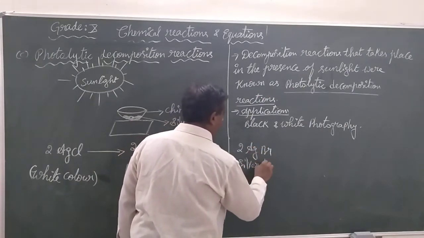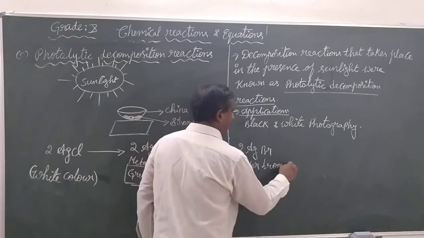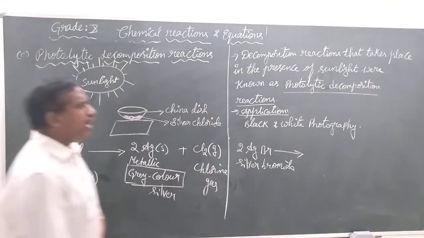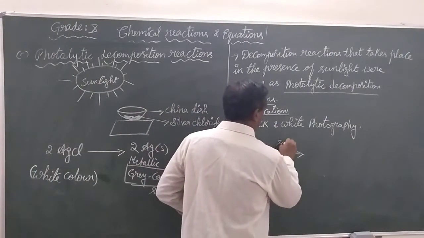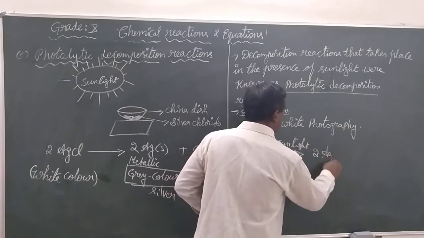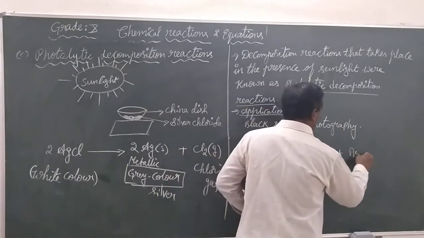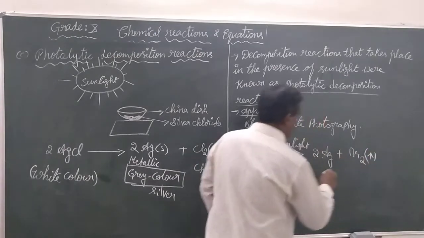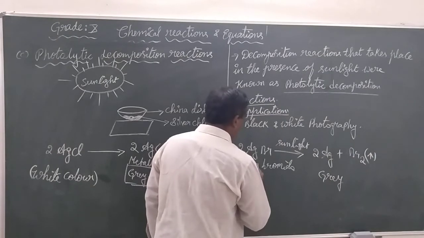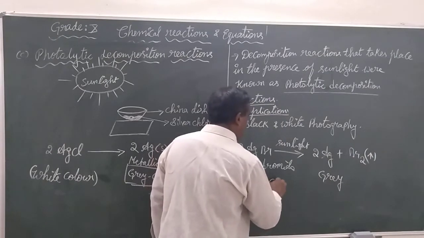Even the silver bromide, when placed in the same China dish and placed under sunlight, the products we find are 2 moles of Ag plus bromine gas. Here also we can find the grey colored compound that is formed from the white colored compound.